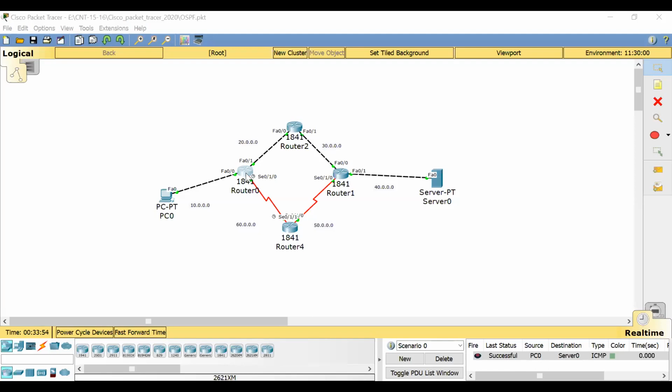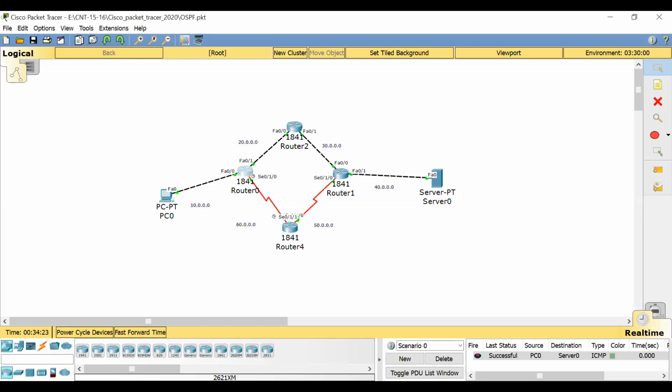If you want to see the running configuration, come out of this. This is global configuration. How to come out of this? That is exit. And now we are in privileged EXEC mode. So show running-config. Just wait.